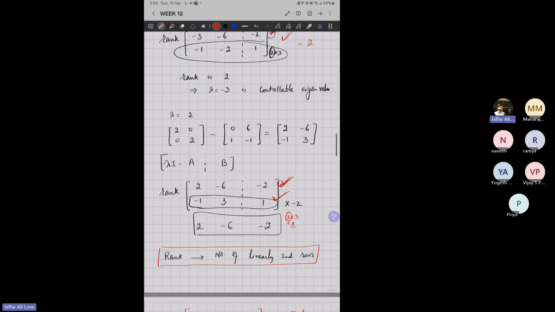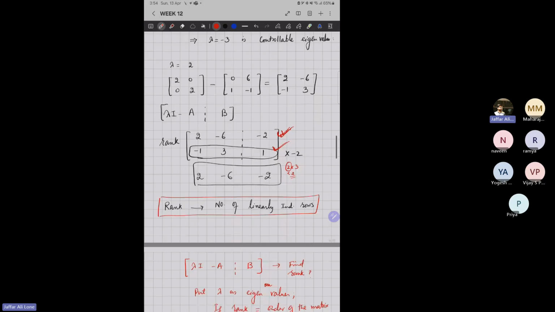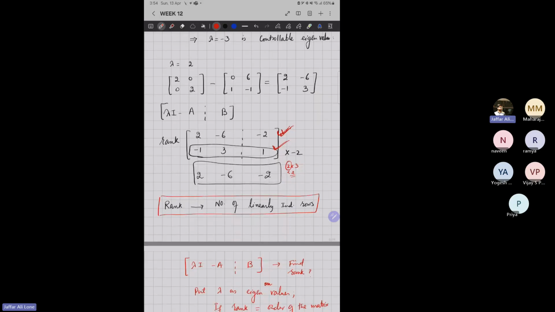Okay, let me explain with this matrix. What do you mean by linearly independent rows or columns? It means I cannot obtain that particular row from any other rows. For example, here I have two rows.